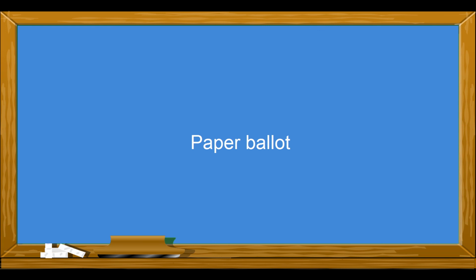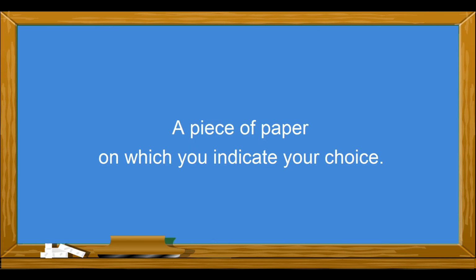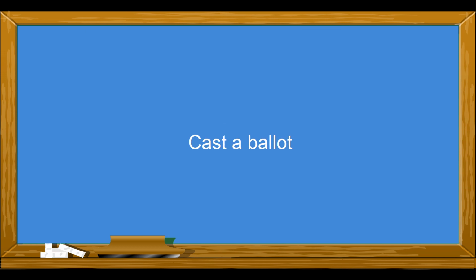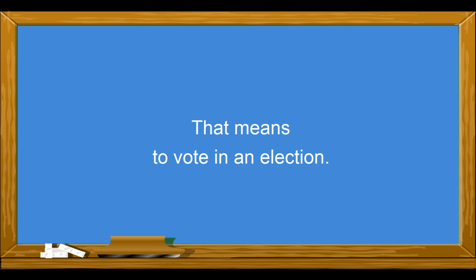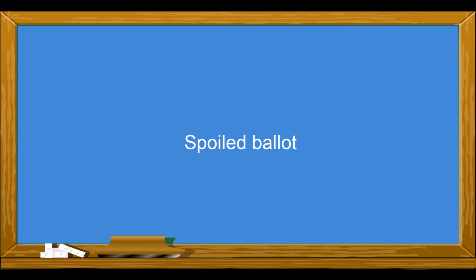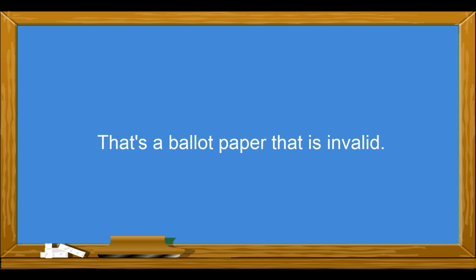Paper ballot. A piece of paper on which you indicate your choice. Cast a ballot. That means to vote in an election. Spoiled ballot. That's a ballot paper that is invalid.